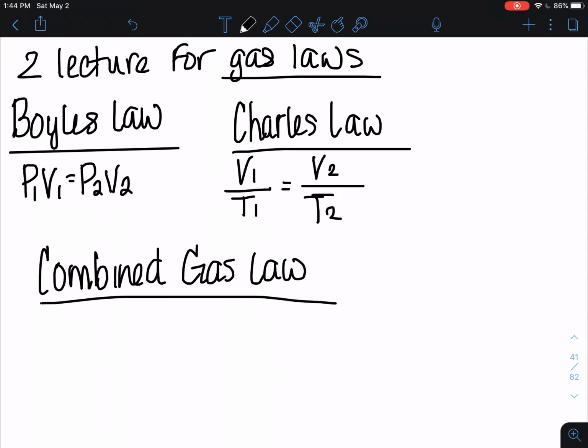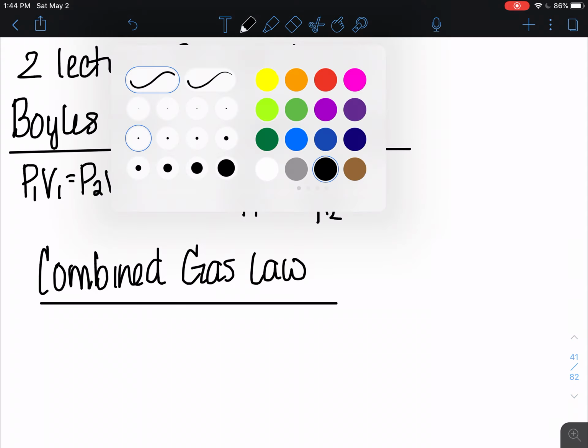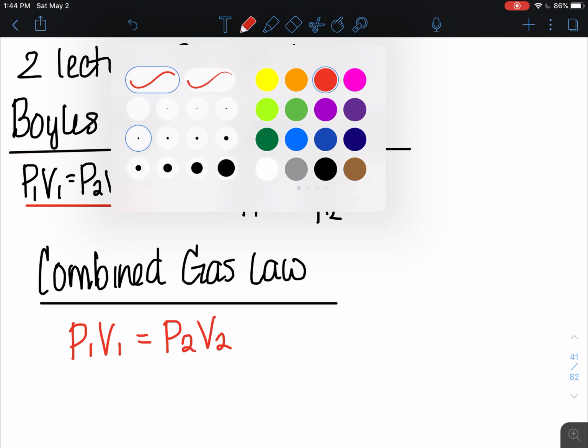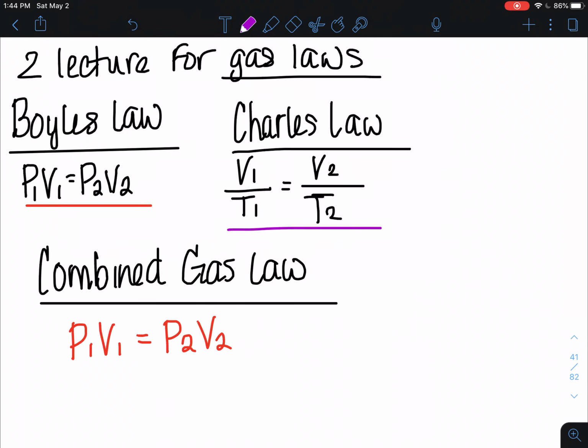The combined gas law is basically these two laws combined. For Boyle's law, P1V1 equals P2V2, and if we want to combine that with Charles' law, V1 is already in the numerator, so it's just going to be P1V1 over T1 equals P2V2.